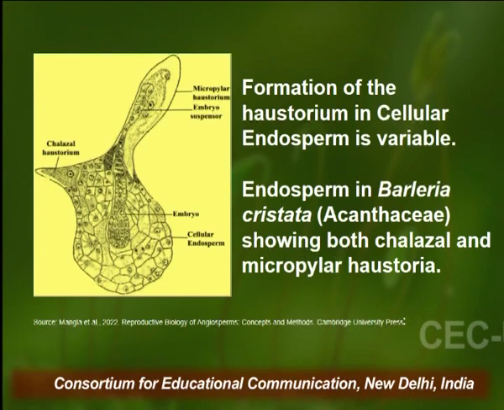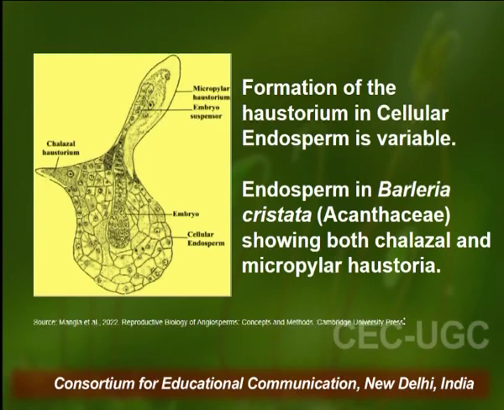Here you see there is formation of Haustorium in cellular endosperm. I showed you some pictures where we saw Haustoria developing in species where there is nuclear endosperm formation. Now, this Haustorium formation also takes place in cellular endosperm, but the formation of the Haustorium is variable.